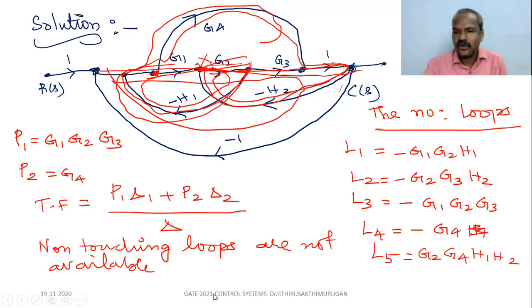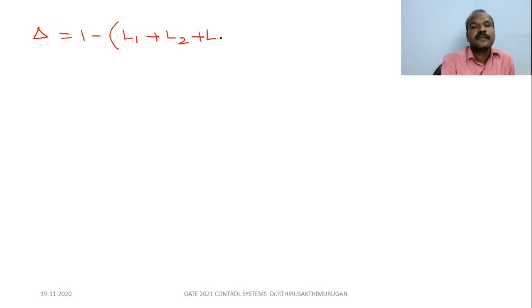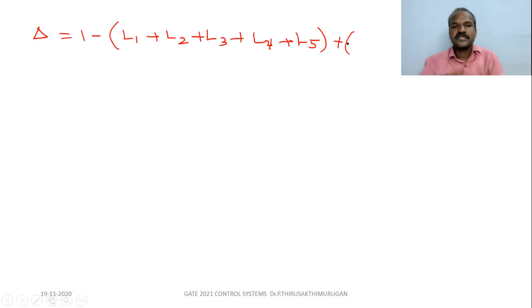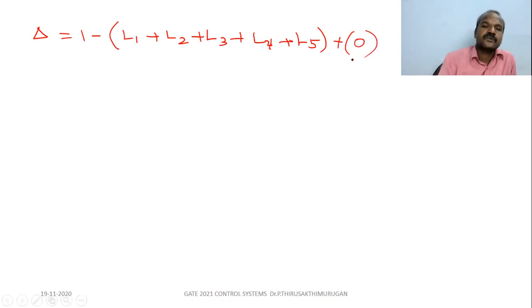So delta equals 1 minus the sum of individual loop gains L1, L2, L3, L4 plus L5, there being 5 loops, plus the non-touching loops, which is 0.